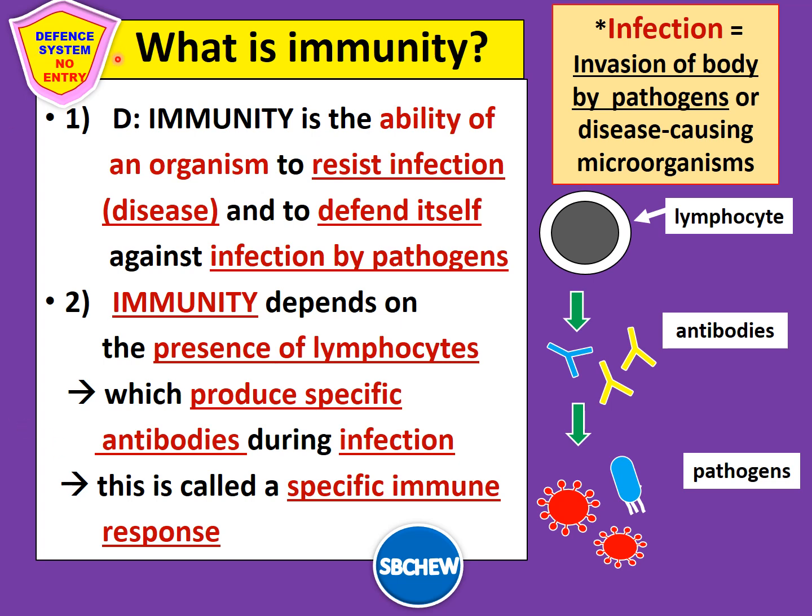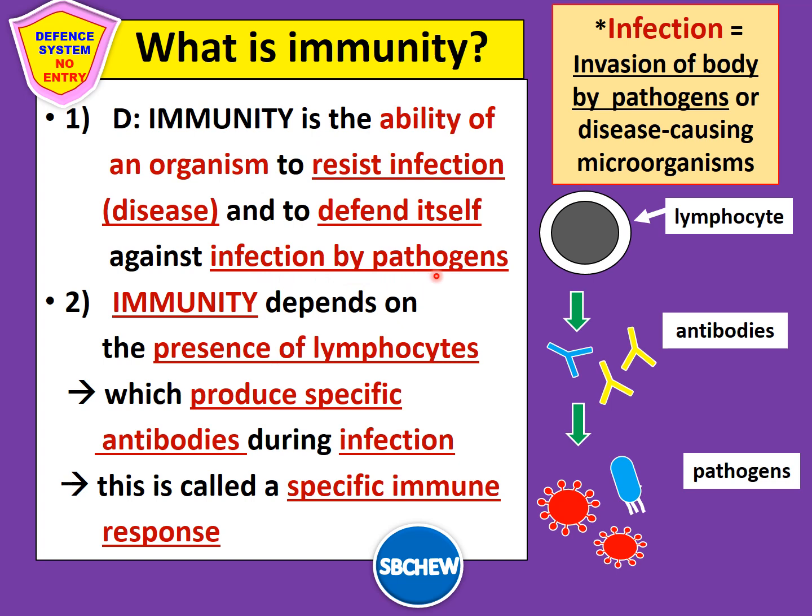So what is immunity? Immunity is the ability of an organism to resist infection. Infection means the invasion of the body by pathogens or disease-causing microorganisms that are found everywhere in the surroundings. And immunity is the ability to defend oneself against infection by pathogens.